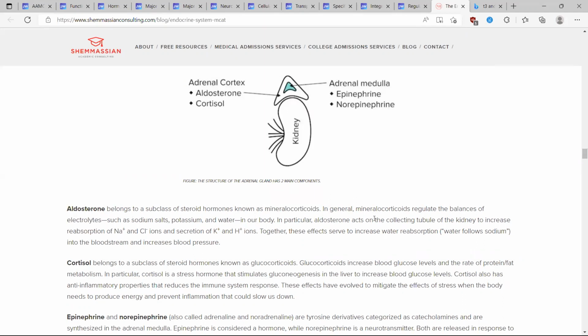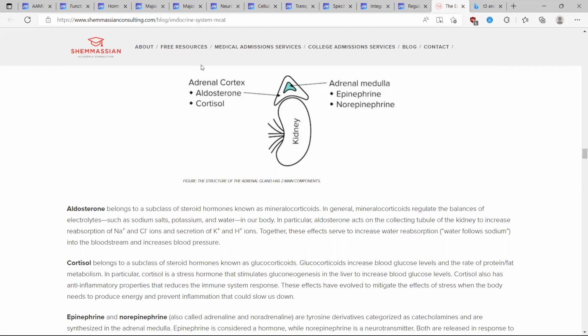We'll understand this more when we look at the kidney. The aldosterone helps us to reabsorb more sodium, more salt, right? And secrete potassium and hydrogen ions out. Because we're doing this, it's increasing our water reabsorption. Because if we think about osmosis, right?